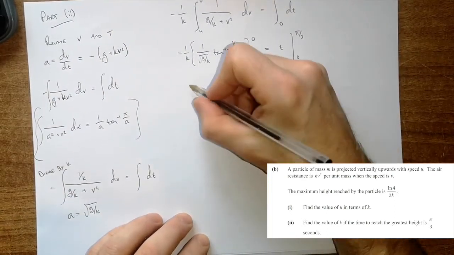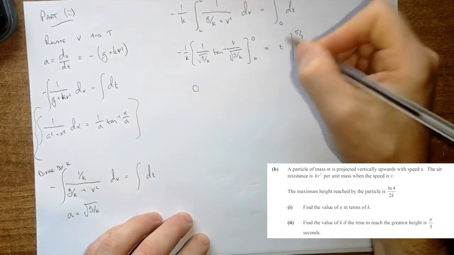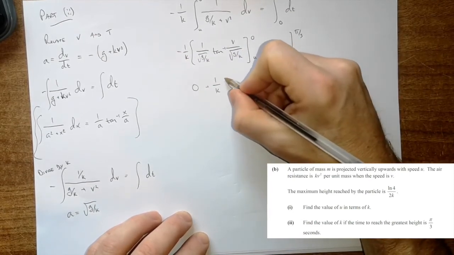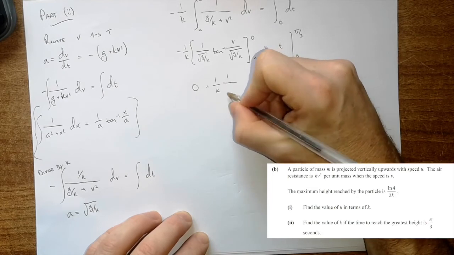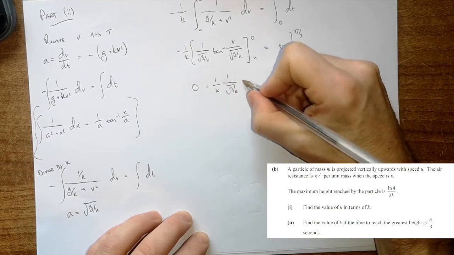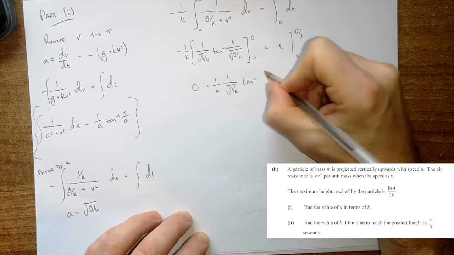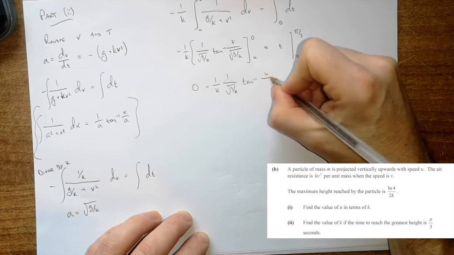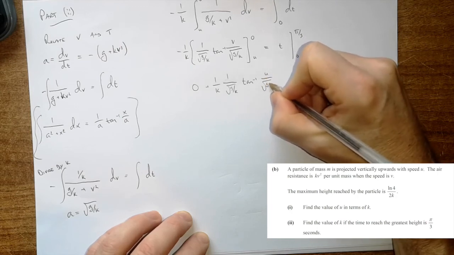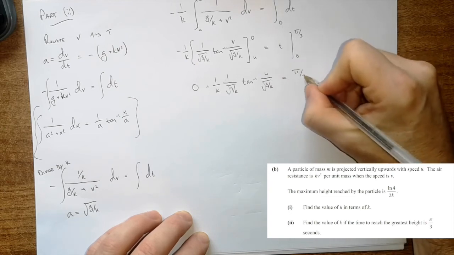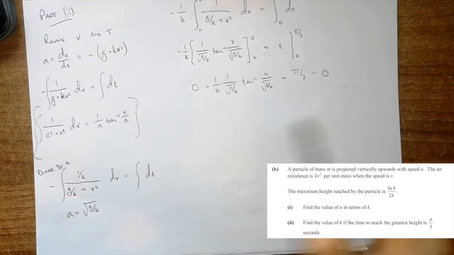So that is all going to end up being 0 minus k, so we're into plus 1 over k, 1 over root of g over k, so we'll bring those together in a little moment. Tan inverse, and what we're going to get here is u over square root of g over k, and that is equal to pi over 3 minus 0.